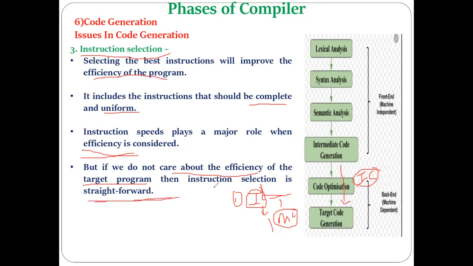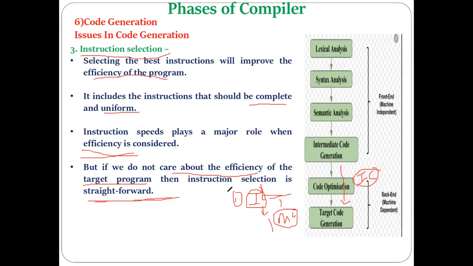There is no need to think about which instruction is better than another for a particular intermediate code instruction. Understood? If there is some machine instruction which is faster than the other, then definitely that instruction will improve the efficiency of the target program. Understood?